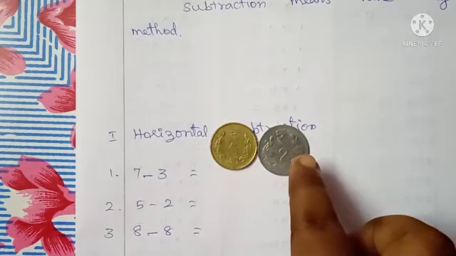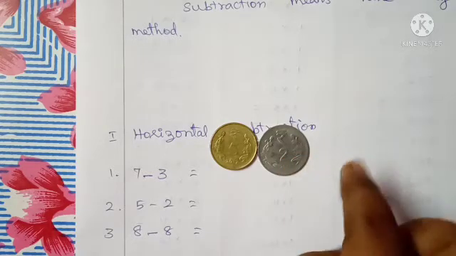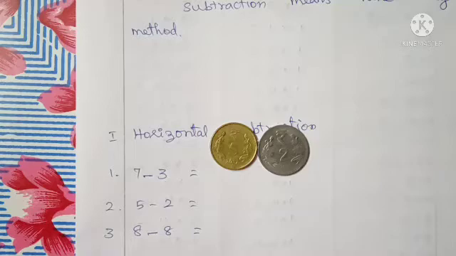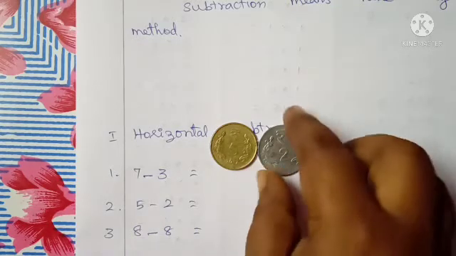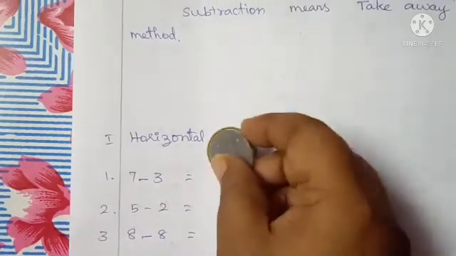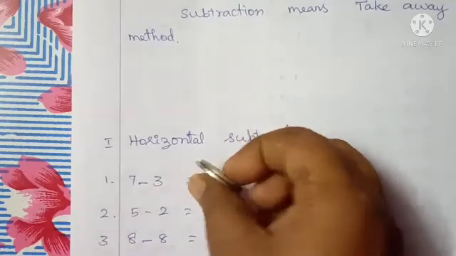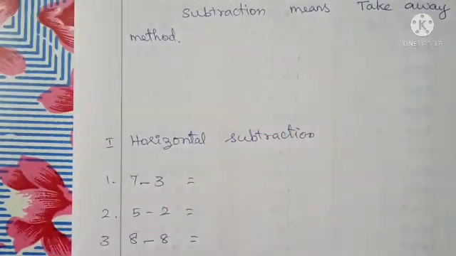So here we use the numbers 7 minus 3. Minus 3 means 7 in the mind, 3 in the finger. So before 7: 6, 5, 4. You say the numbers before the number.